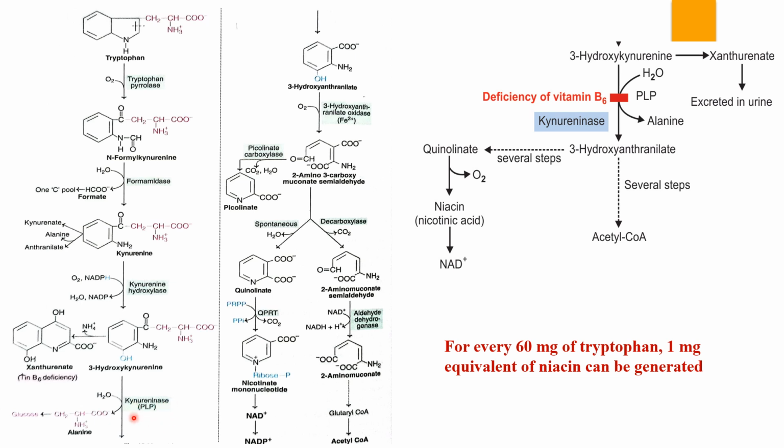Without this, or in deficiency of this PLP, there is no production of further products. And here at this step, the pathway is diverted to the synthesis of huge quantities of xanthurenate, which can be excreted in the urine.